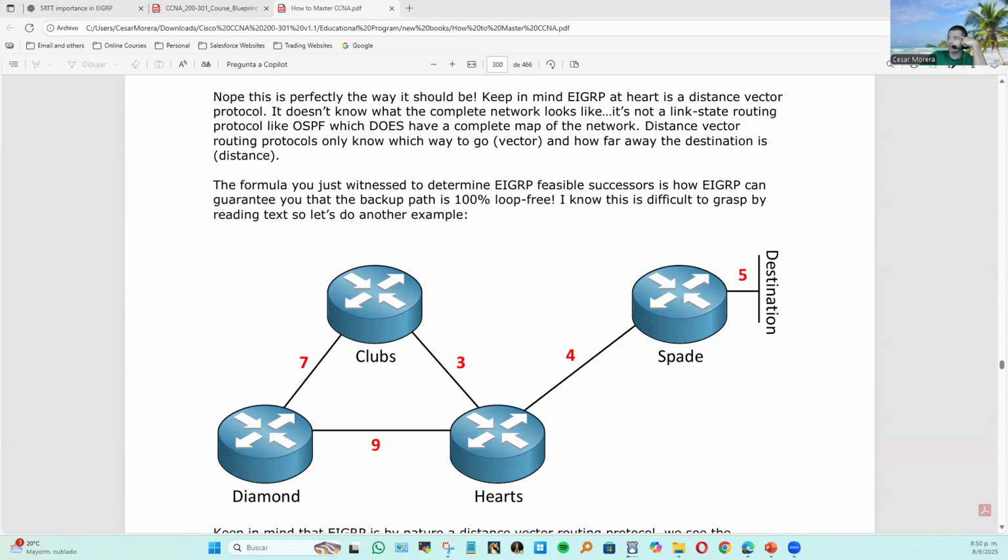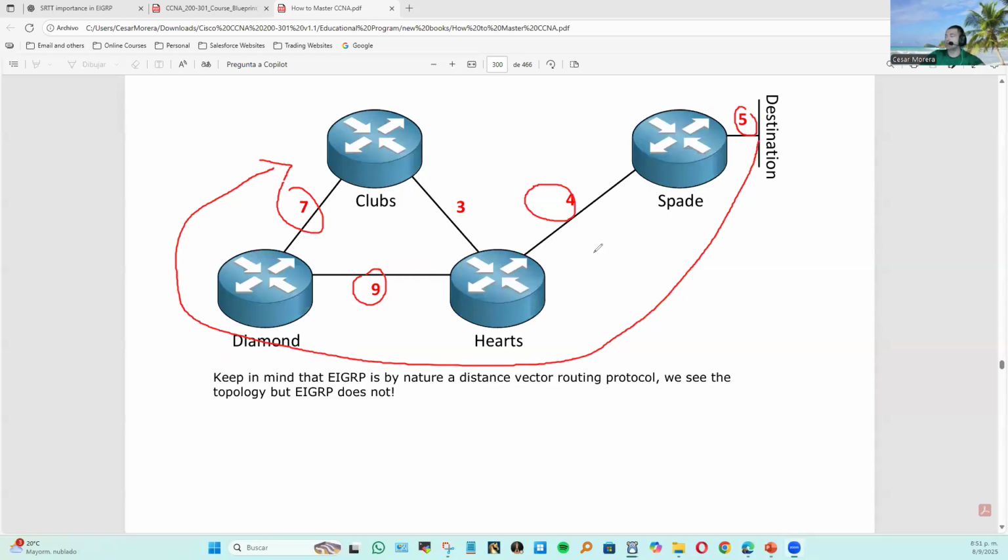Okay, this is the other route to get to clubs. So actually the 25 is this other route, getting from the specific destination to clubs, and it's 5 plus 4 plus 9 plus 7.